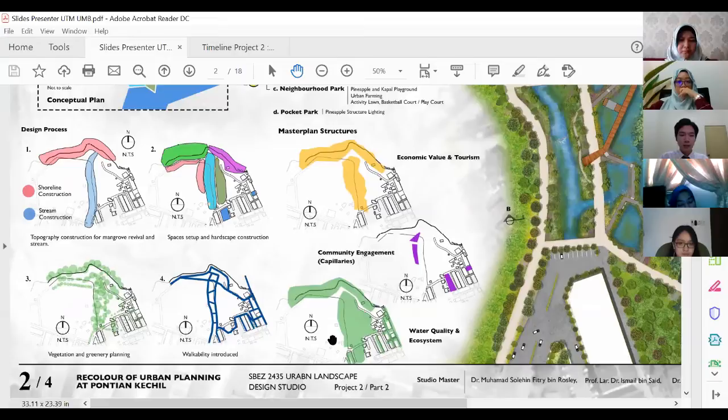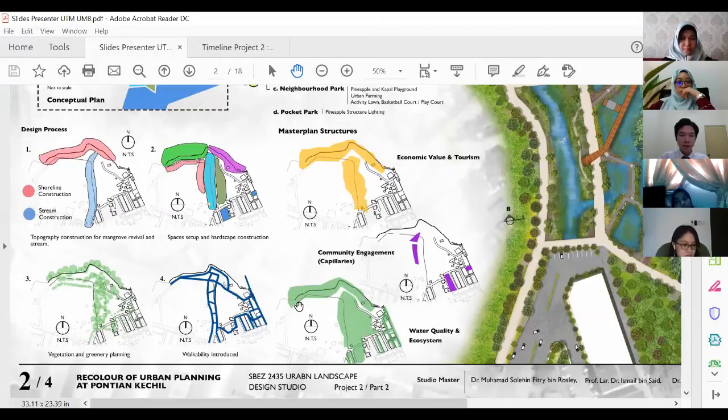In the design process, first is the topography construction, focusing on shoreline and stream formation.